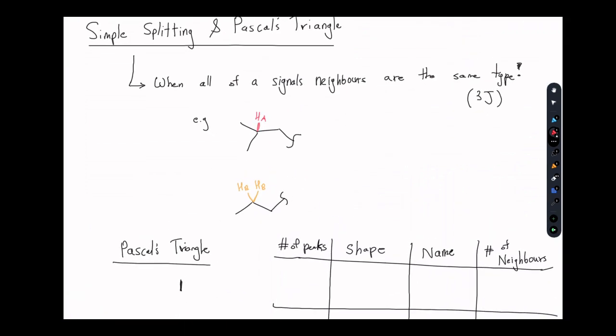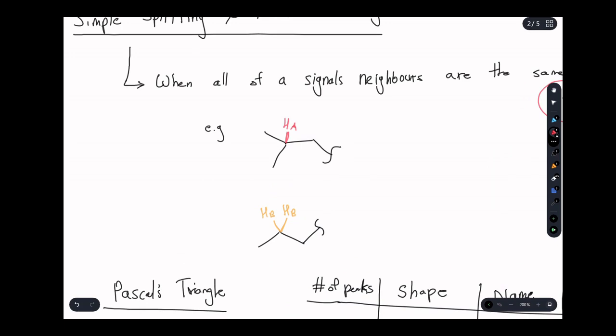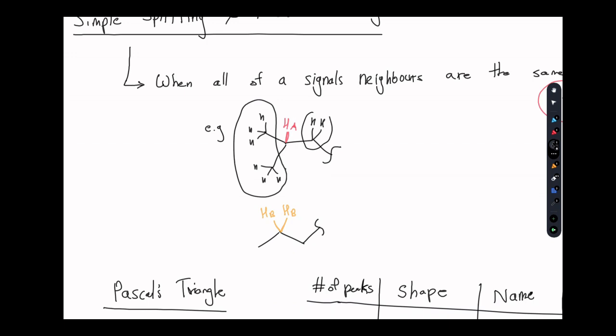So simple splitting occurs when all of the signal's neighbors are the same type. Okay? What that means is they're all the same distance. For now, we'll deal with 3J as that's going to be the most common case. Let's look at HA. In this molecule here, we're going to have 2 different neighbors on this carbon and 6 different neighbors on these carbons here. So these are going to be one signal, and these are going to be another.